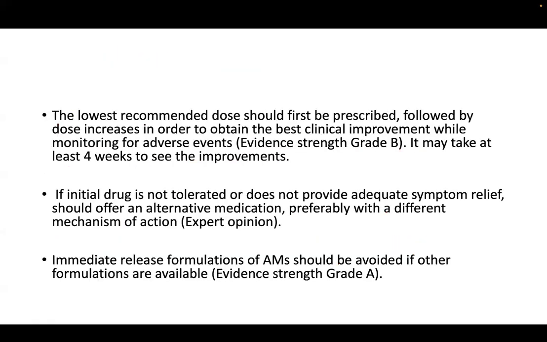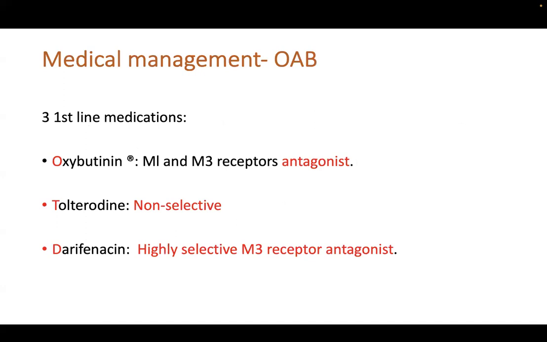We will start the medication with the lowest dose, so we will avoid the side effects. If the patient is not improving with the lowest dose, then we can increase the dose. Or if the patient cannot tolerate the medication, in that case we can change the medication. What are the drugs? There are 3 first-line medications: oxybutynin, tolterodine, darifenacin.